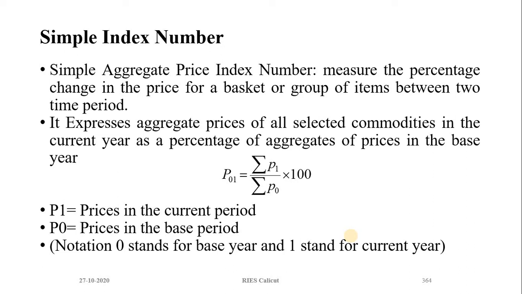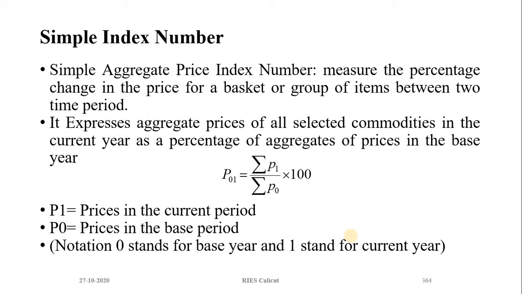We are taking the aggregate of all these commodity prices, and we are comparing this with the base year prices. Okay. So here we are taking the aggregate prices in the current period, and we are comparing with the aggregate prices in the base period, and we are telling whether there is a price change or not.